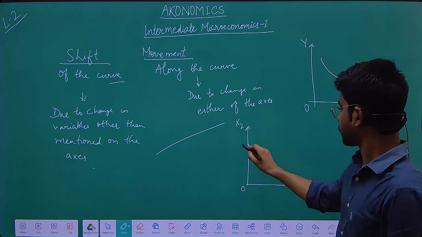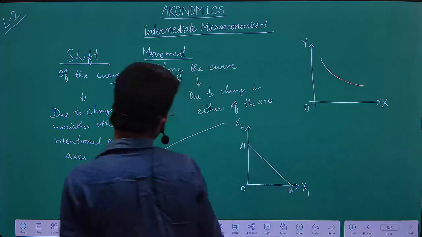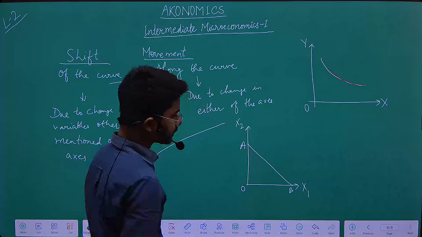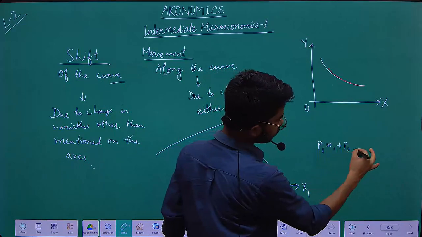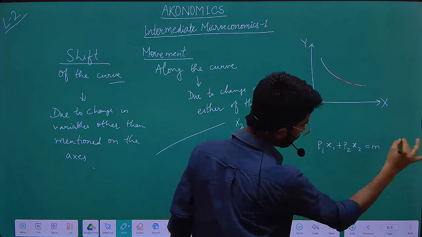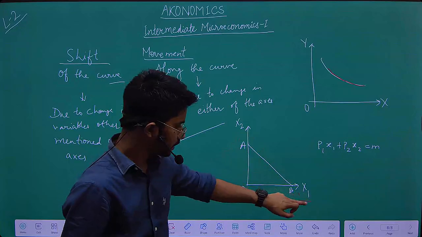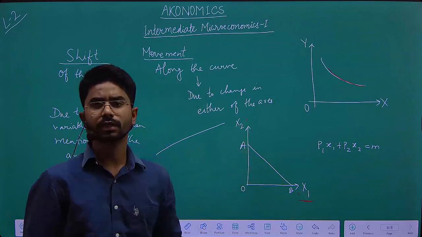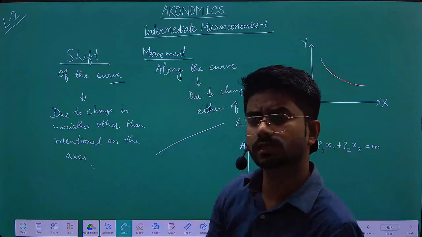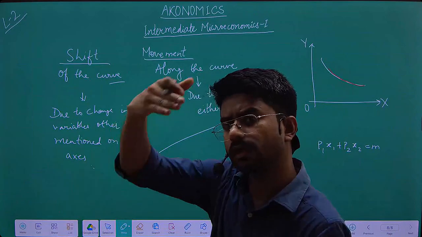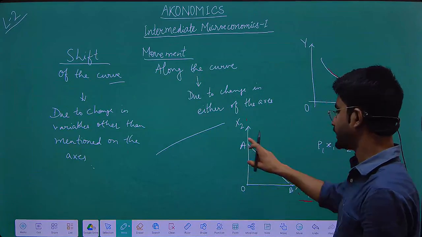We call this AB. In this case we have P1 x1 plus P2 x2 equal to M. So what are the two variables here? X1 and x2. If there is change in these two variables, we will have the movement along the curve.